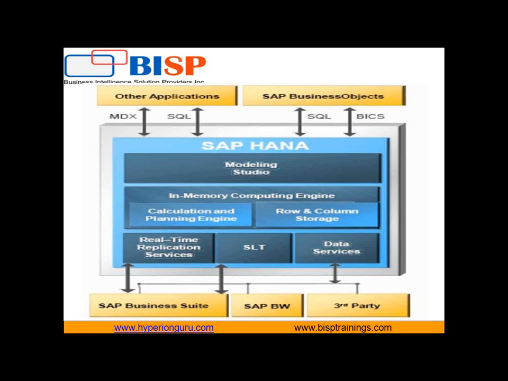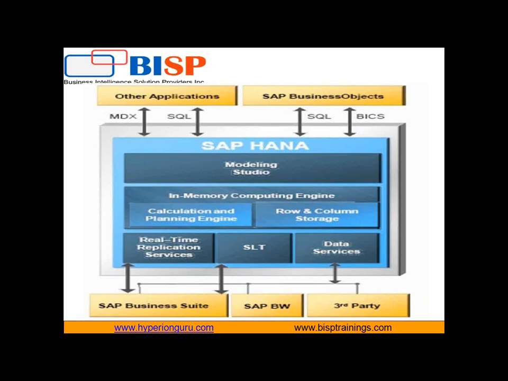We have different source systems like SAP Business Suite, which is the SAP ERP systems, SAP BW, and third-party systems, which can be IBM DB2, MySQL, Informatica. There are other things too; we can extract the data as per the client requirement.